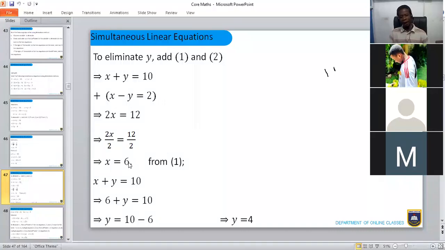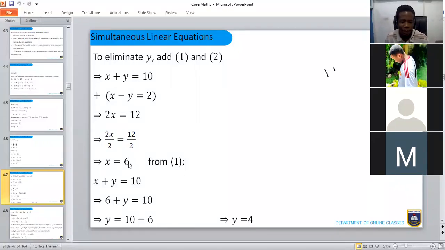After finding x by eliminating y, you're now going to substitute the value of x into any of the equations, either equation 1 or equation 2, to find the value of y.